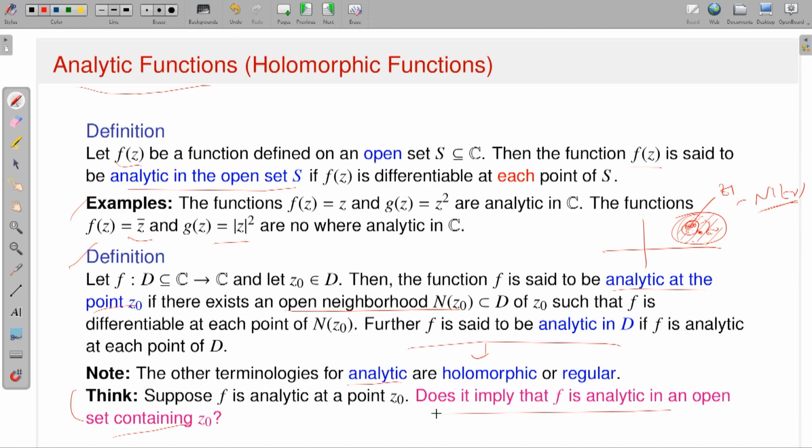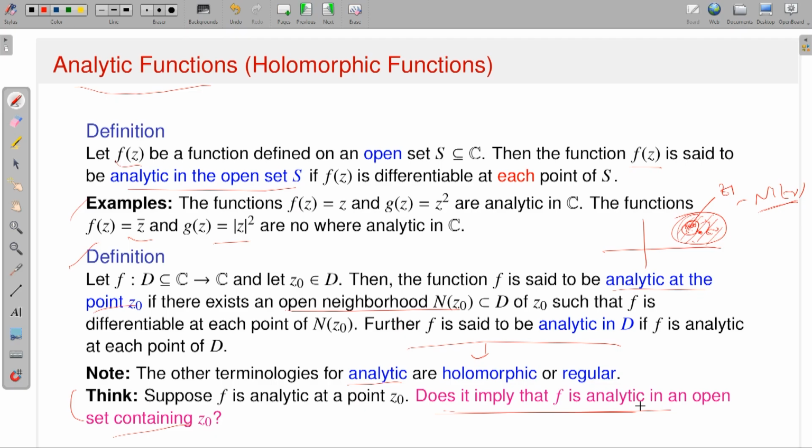If I go like that and use the property that an arbitrary union of open sets is open, you can easily convince yourself that I am talking about differentiability, or analyticity, on an open set. So that's exactly the question: does it imply f is analytic in an open set containing z0?